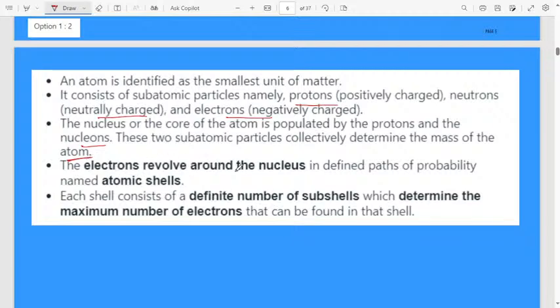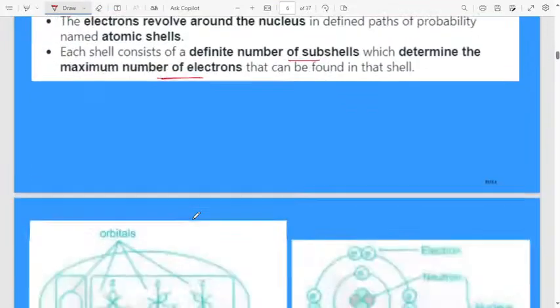Then the electrons revolve around the nucleus. Each shell consists of a definite number of subshells that determine the maximum number of electrons that can be found in that shell.